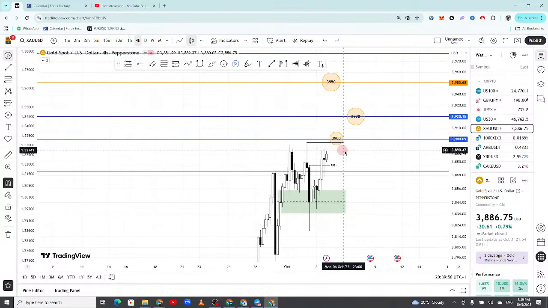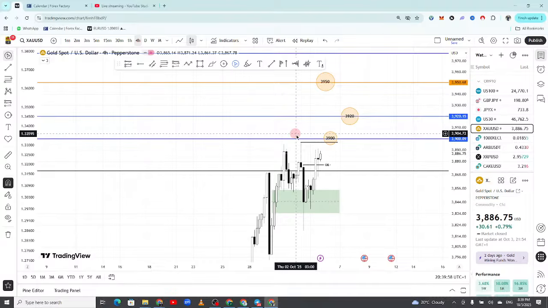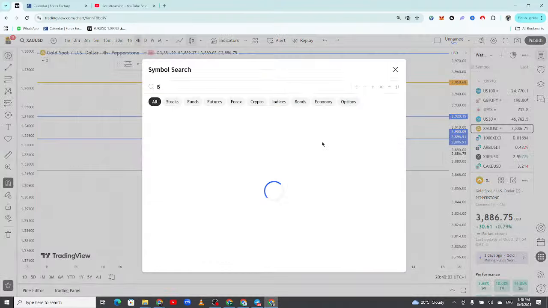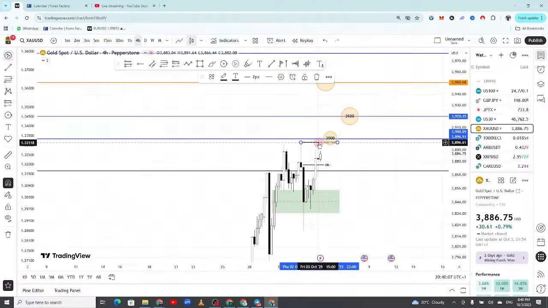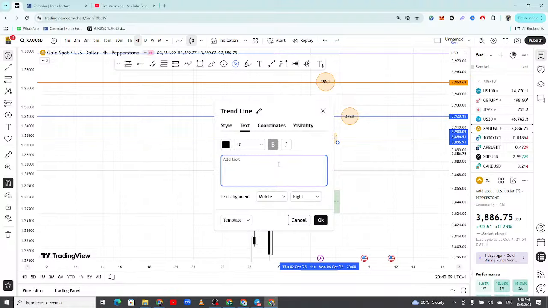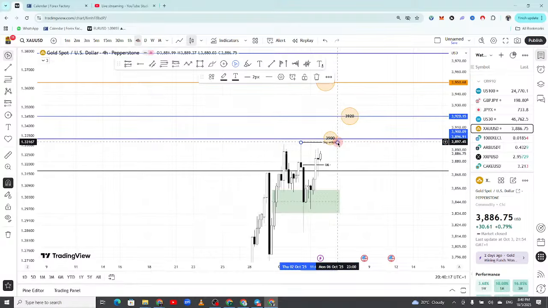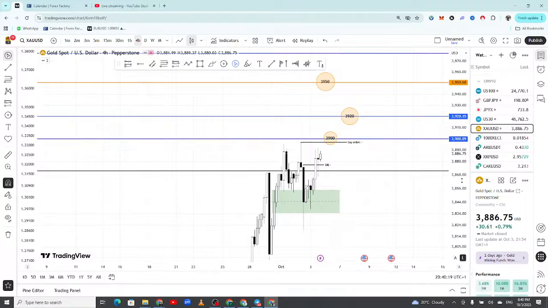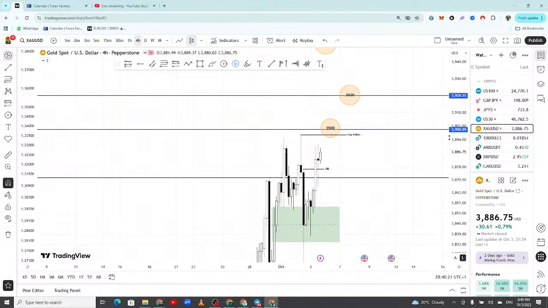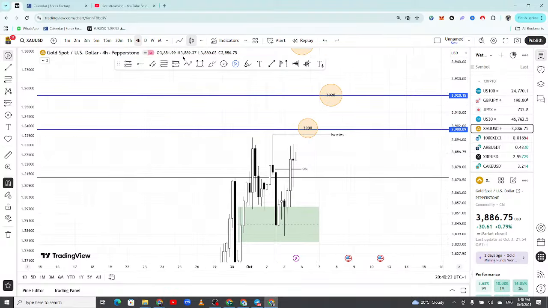3,900 is still a very good spot. Why? Because a lot of people that were selling on Friday have their buy orders at that point. So if price takes their buy orders, then we have this 3,900, which is actually a very nice big figure.